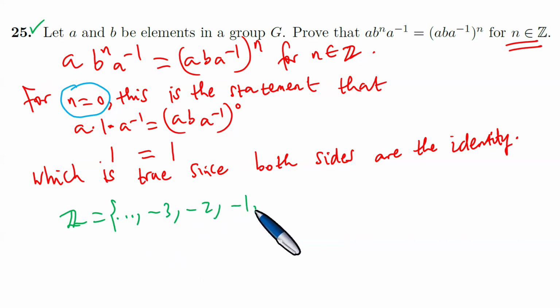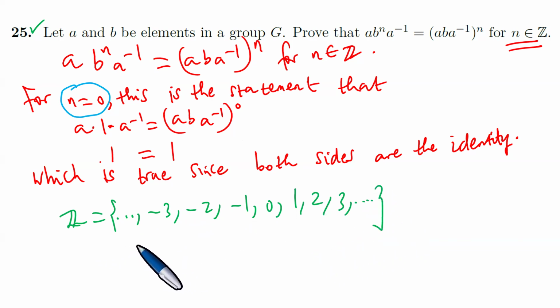Negative, like this, 0, 1, 2, 3. So we started with the 0 case. Replacing n by 0 produces 1 equals 1, which is true since both sides are the identity. So we are done with the 0 case.